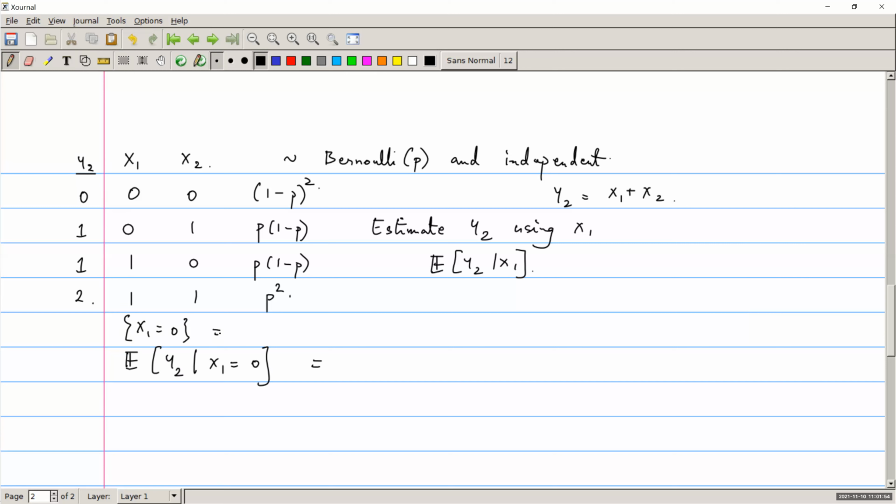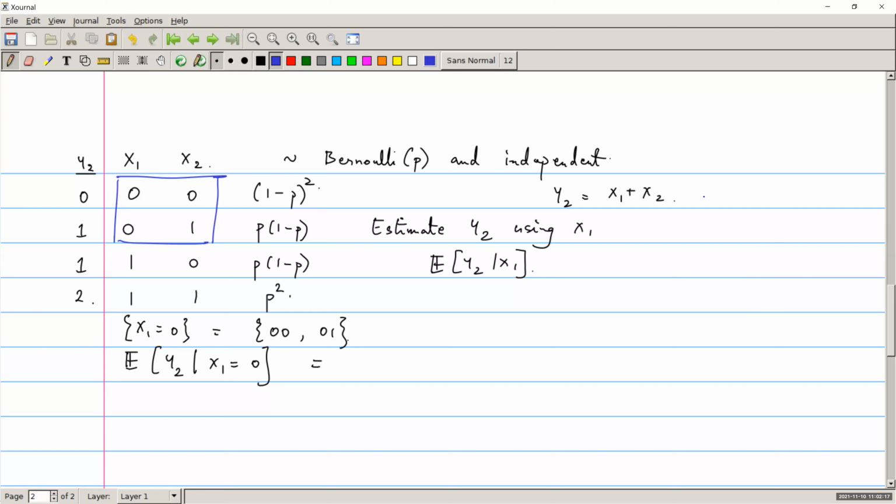What's the event x1 equals 0? The event x1 equals 0 is (0,0) and (0,1). These two outcomes. This is the event that x1 equals 0.